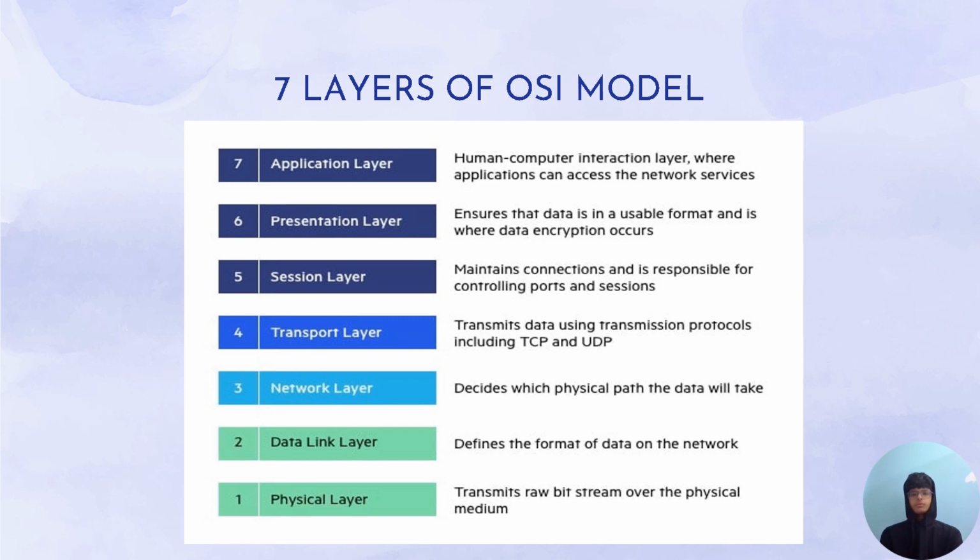Then fifth, we have the session layer. It maintains the connection and is responsible for controlling ports and sessions. Then we have the presentation layer, which ensures the data is in a usable format and is where data encryption occurs. At last, there is the application layer, where human computer interaction takes place.